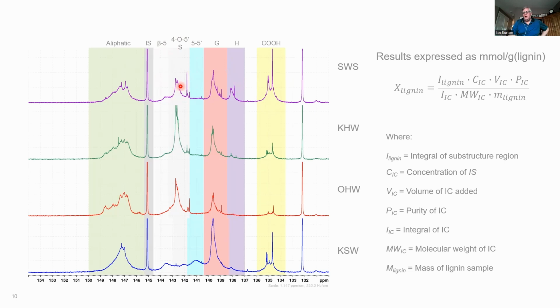Generally in NMR, we measure molar concentration, but because it's a complex polymer, we can't actually get a molar amount. So we express our results in moles of that species per gram of total lignin.